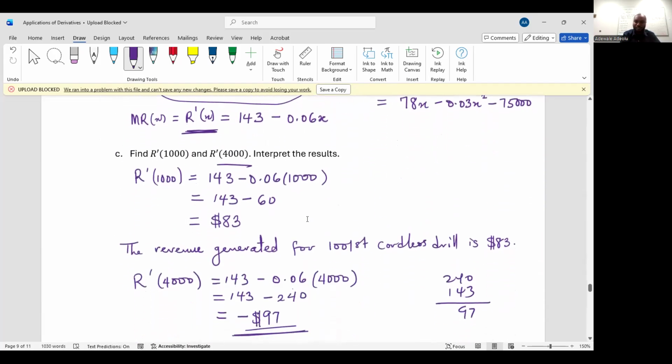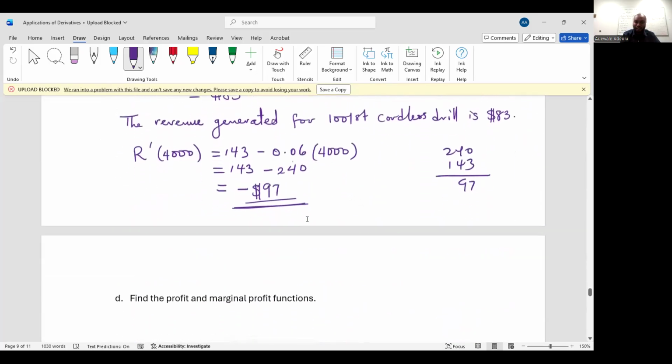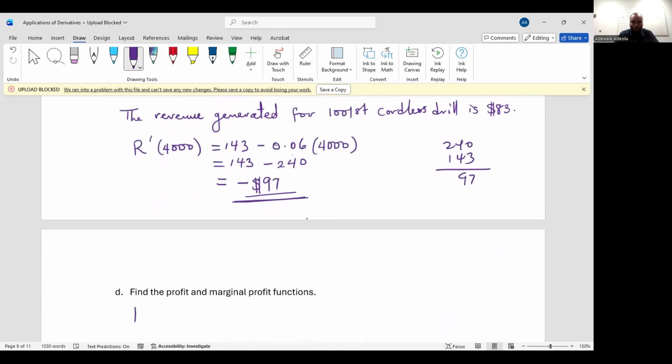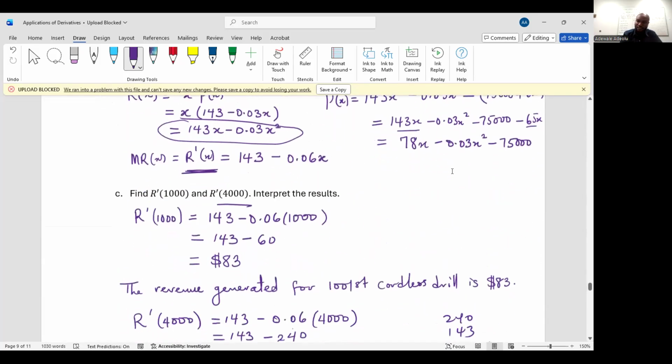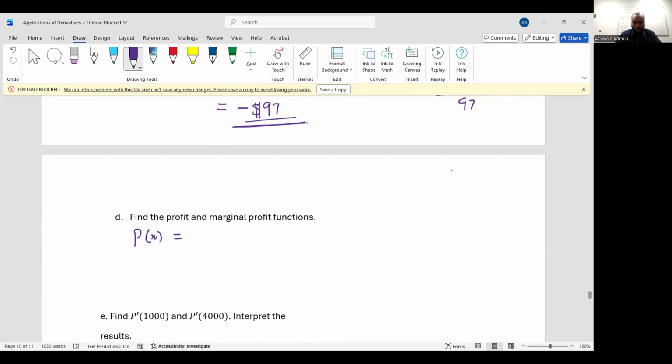I will just copy and paste that here. Profit function is 78x minus 0.03x squared. I believe it is minus 75000.